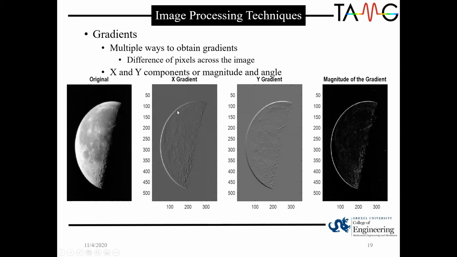So this is basically an X gradient. So it's checking how much image intensity changes horizontally. And then there's also the Y gradient, which shows the same aspect, but vertically. And then you can square and sum both of those to get the magnitude of the gradient, which will give you a little more features of the object itself.